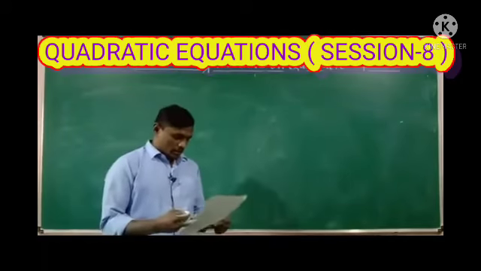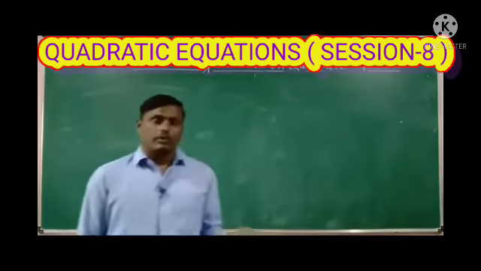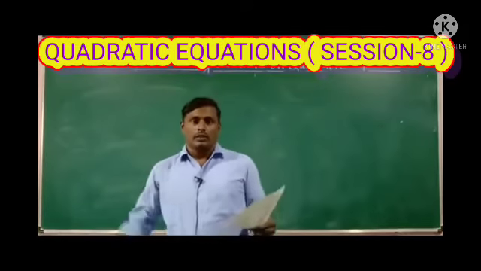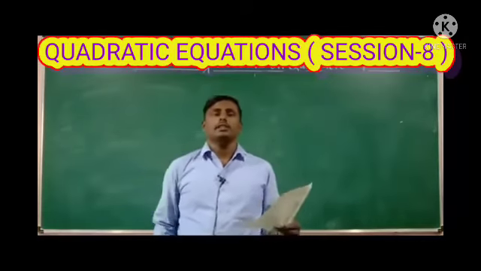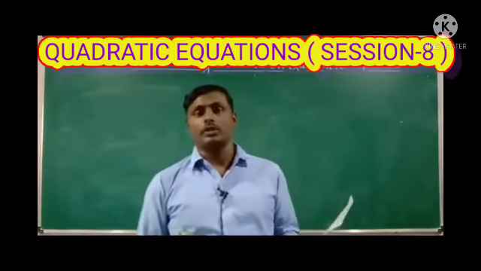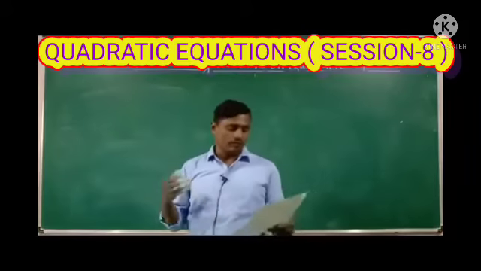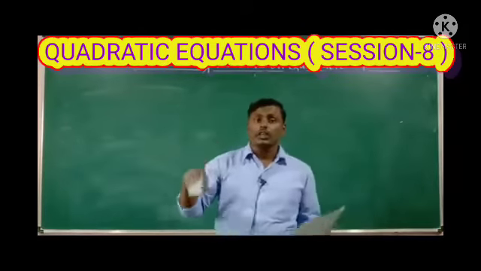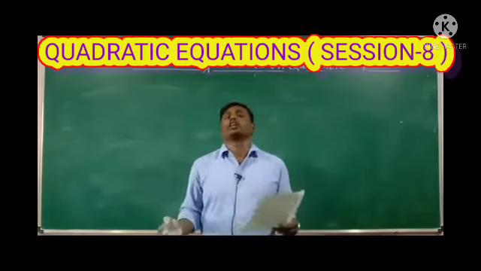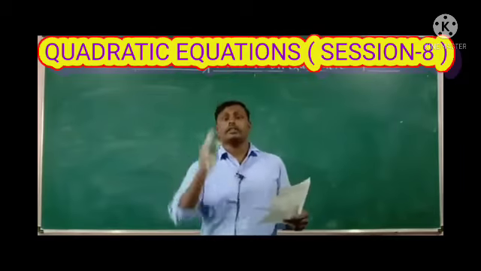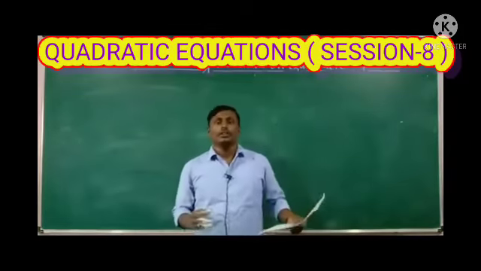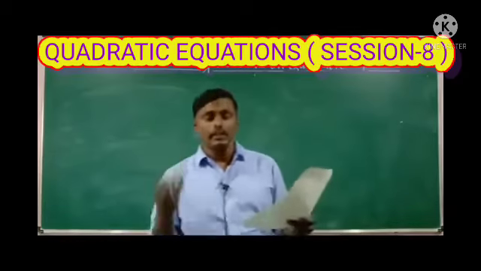Okay, while you are calculating upstream and downstream, downstream means plus, upstream means minus, because in the downstream the speed of the boat gradually increases, right? That's why we are considering it as a positive term. In the upstream, it is opposite to the gravitation, so we are taking it as negative.